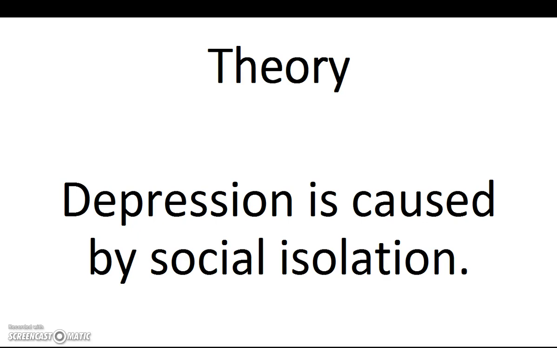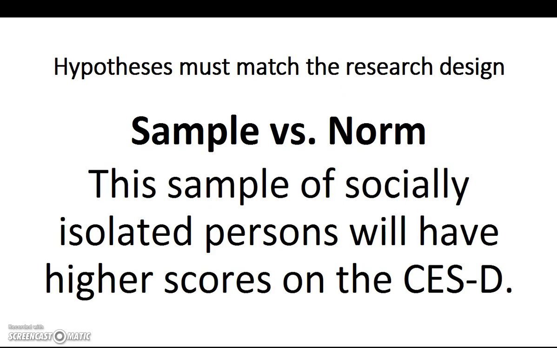Let's suppose that our theory is that depression is caused by social isolation. Let's think of some testable hypotheses and the designs that might be used to test those hypotheses. For example, suppose we have a sample versus norm design.